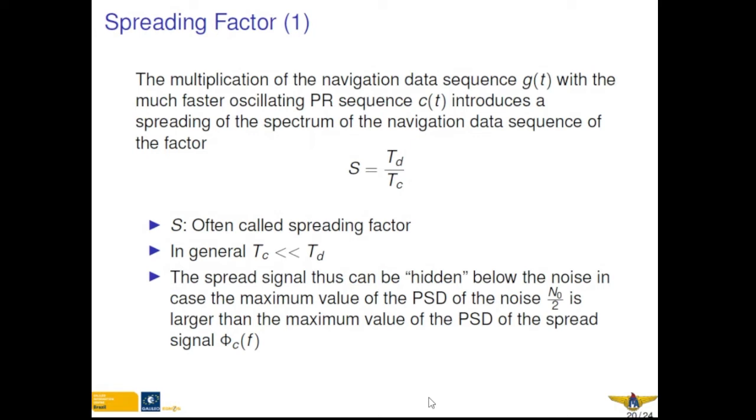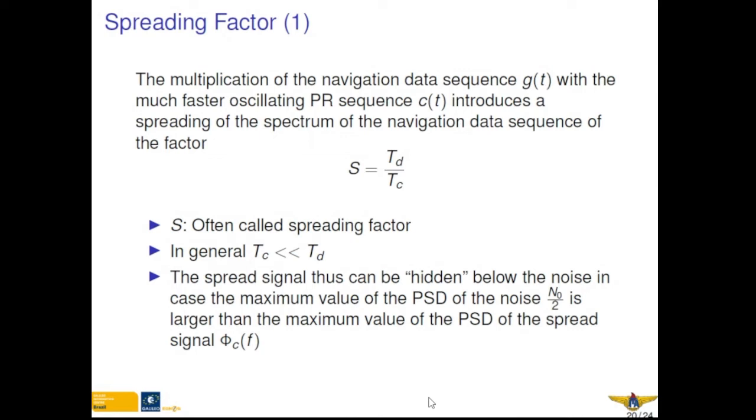And the spread sequence thus can be hidden below the noise in case the maximum value of the PSD of the noise N0/2 is larger than the maximum value of the PSD of the spreading signal. This is one of the origins of the CDMA technique, or the spread spectrum systems, many years ago.